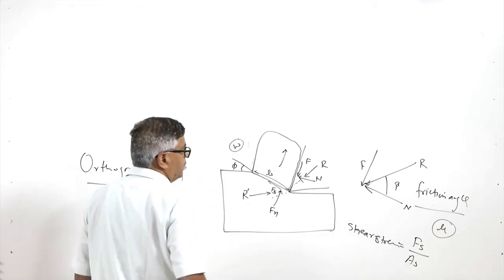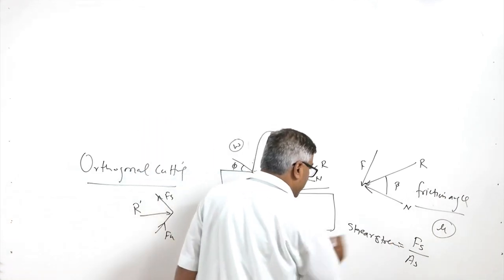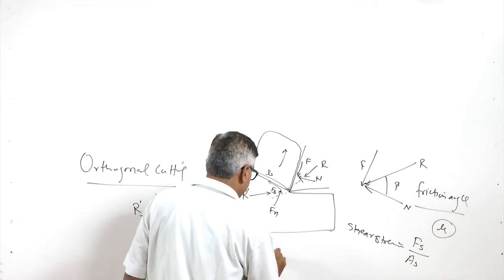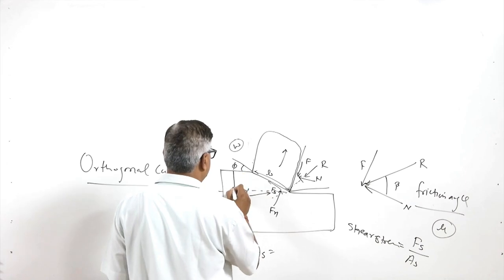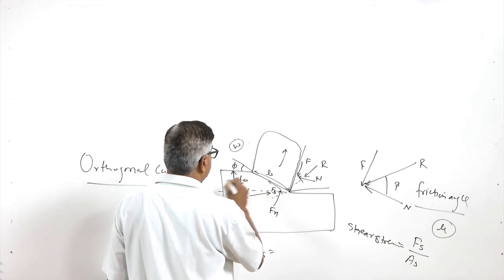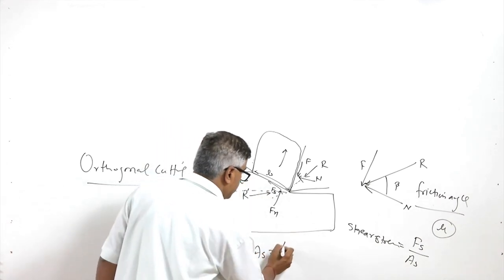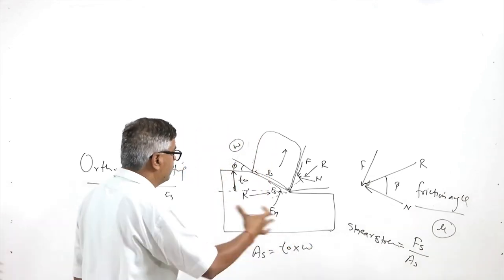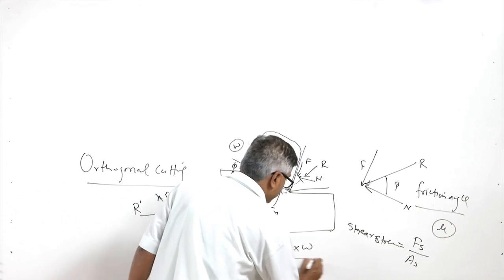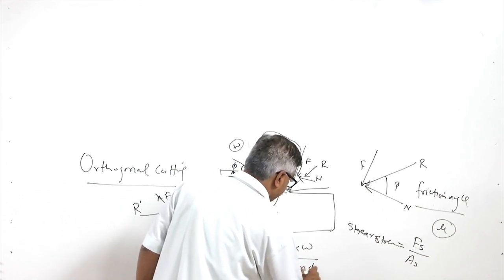To obtain the shear area, we need to consider the uncut chip thickness t naught. So, t naught multiplied by W, the width along which the cut will be taking place, divided by sin phi.